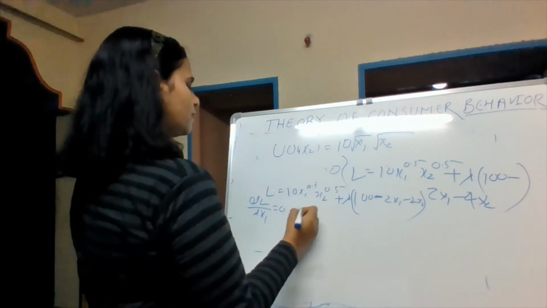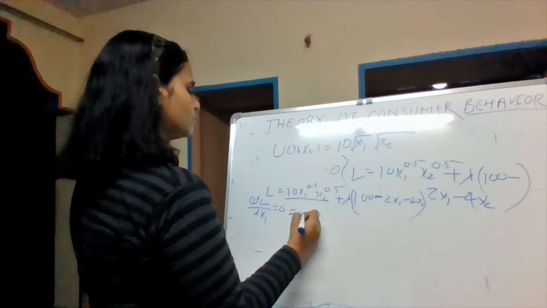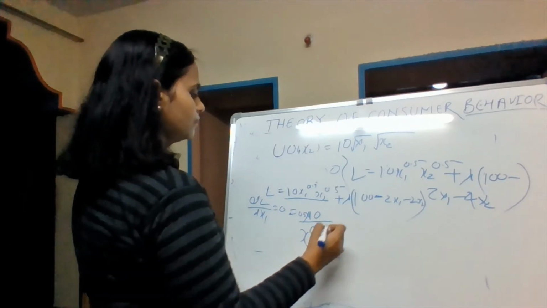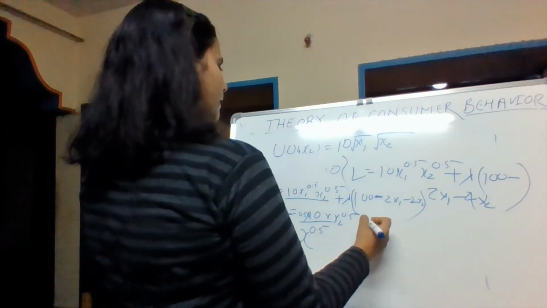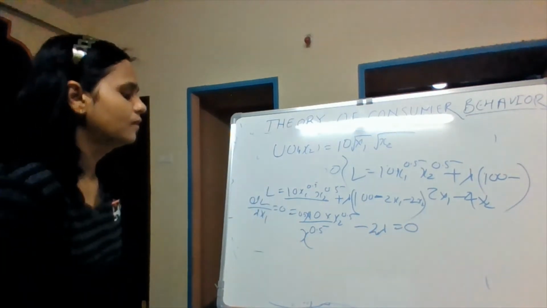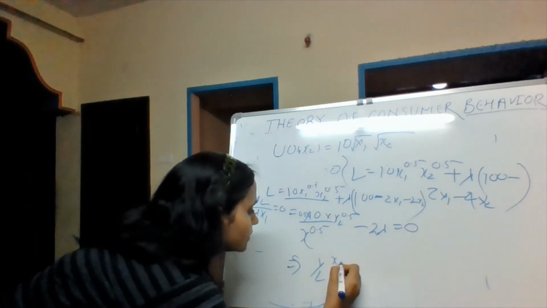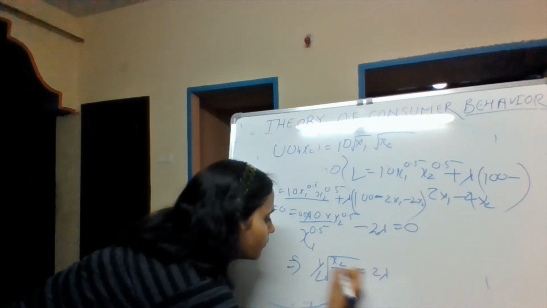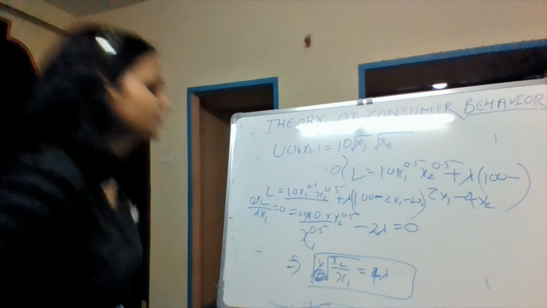Now you do dL by dx1 equal to 0. Differentiating, 0.5 into 10 divided by x1^0.5, times x2^0.5, minus 2 lambda equal to 0. So this will become 5 x2 by x1 equal to 2 lambda, and this is one of the equations.